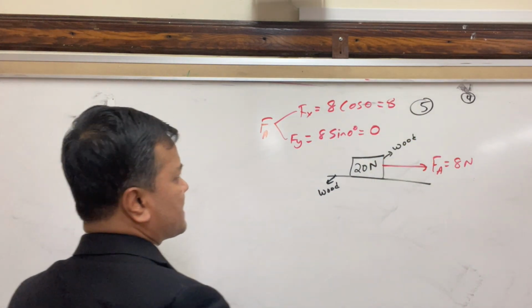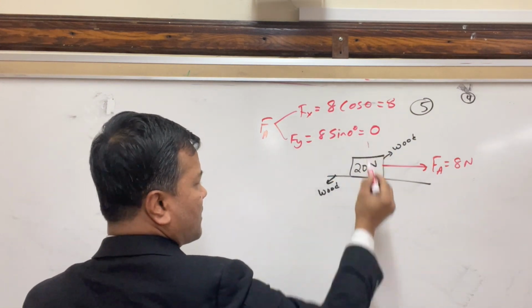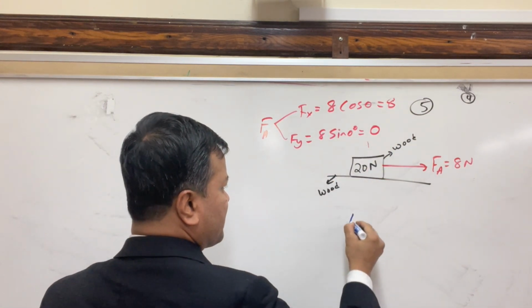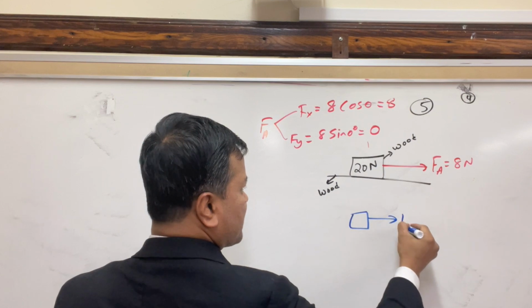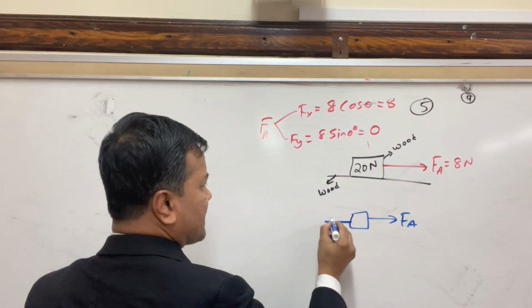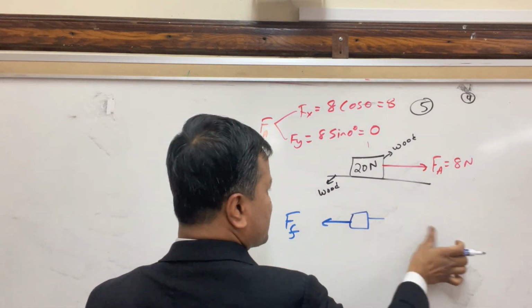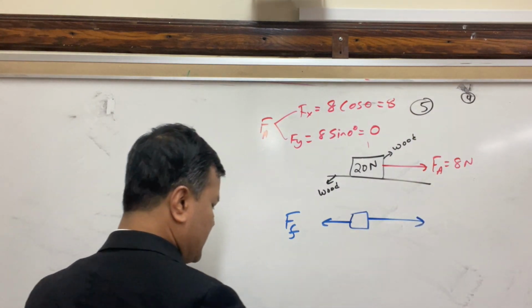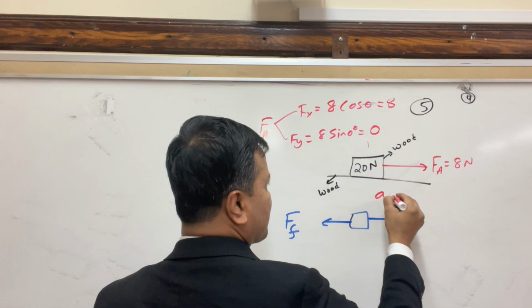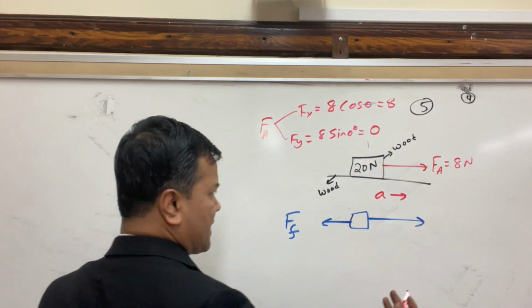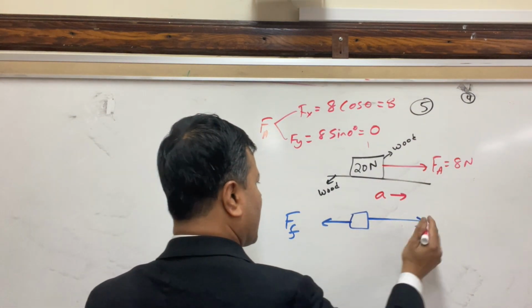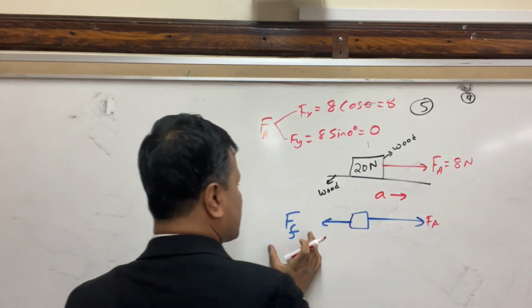So if you draw the free body diagram, this is how it should look like, and there is a force of friction. Of course the applied force is bigger, because there is an acceleration in this direction, and that's what we try to find. So applied force is bigger than the force of friction.